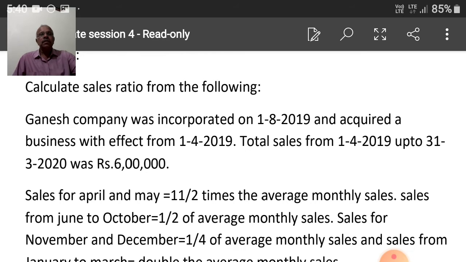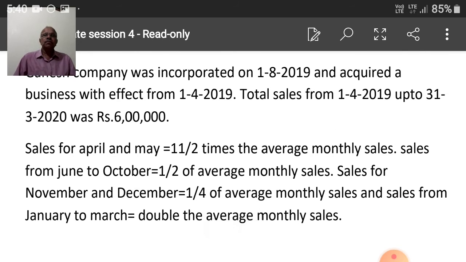Under this problem, the sales fluctuate or vary from month to month. First, sales for April and May, 2 months, are 1.5 times the average monthly sales.